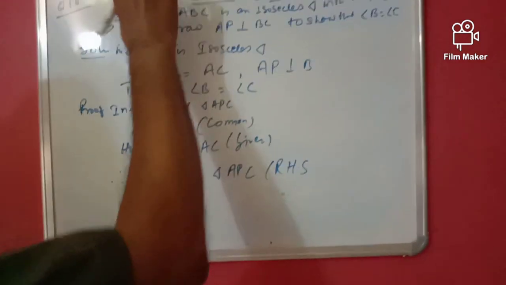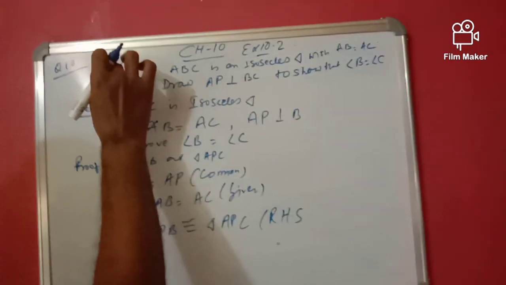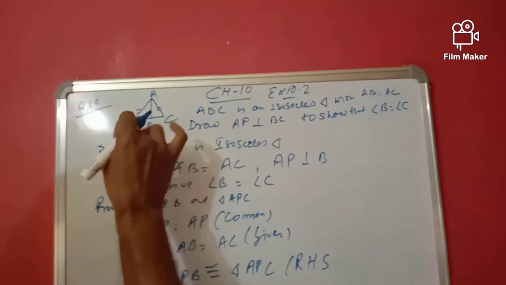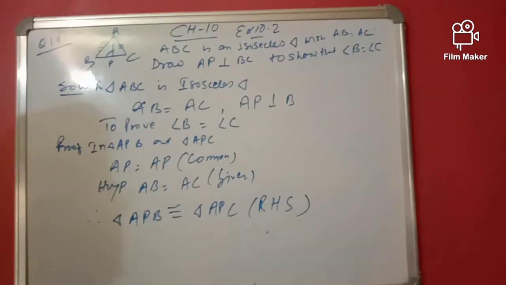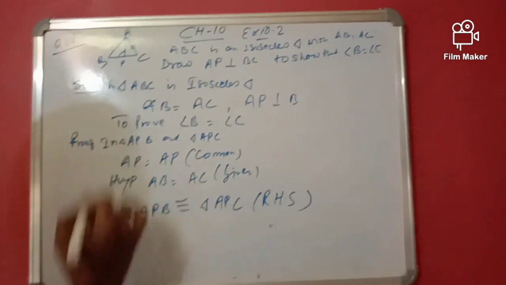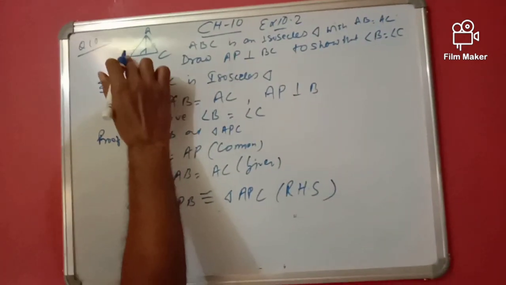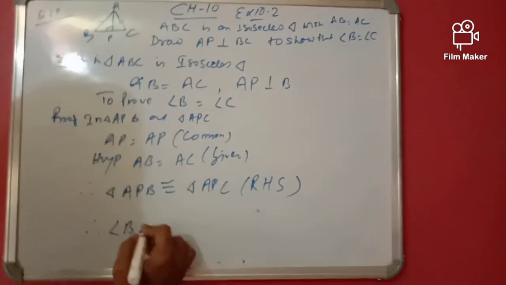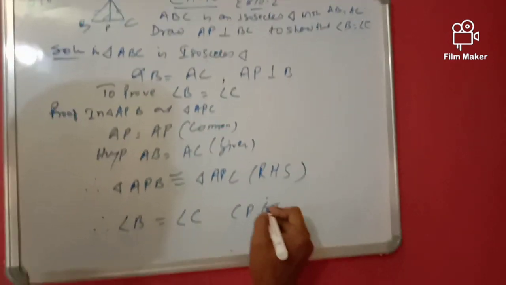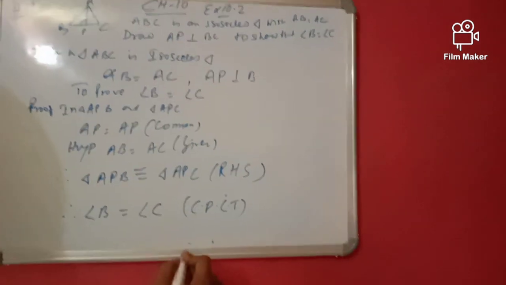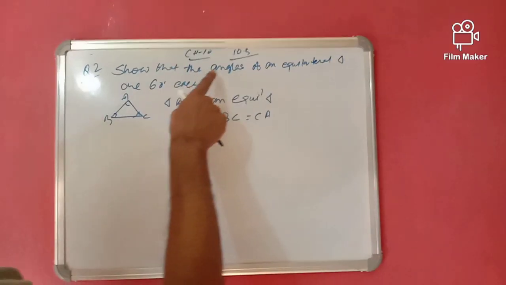Therefore by comparison of this figure, angle B equal to angle C by CPCT. Write down: therefore angle B equal to angle C by CPCT. Now we have to go for the next question.